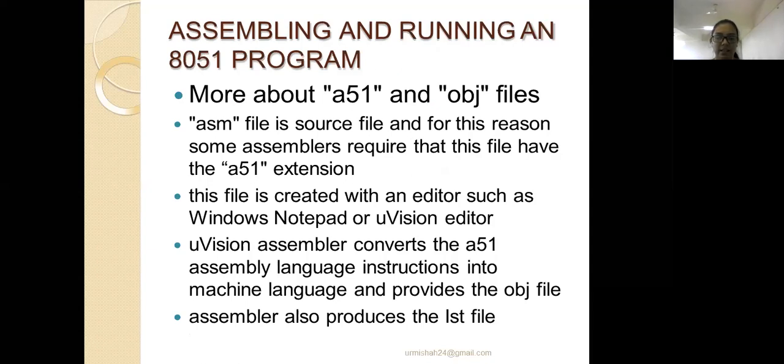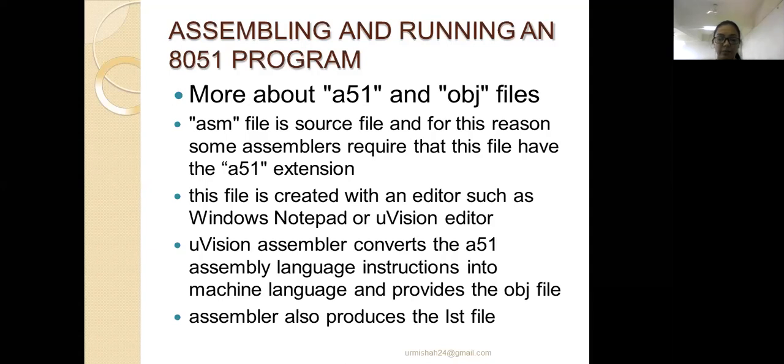Now let's understand about the A51 and object file. The ASM file is the source file, and the assembler requires this file, which has the A51 extension. This file is created by the editor, and this editor can be any kind of software like Notepad or Microvision editor, whatever software you are using for writing the program.